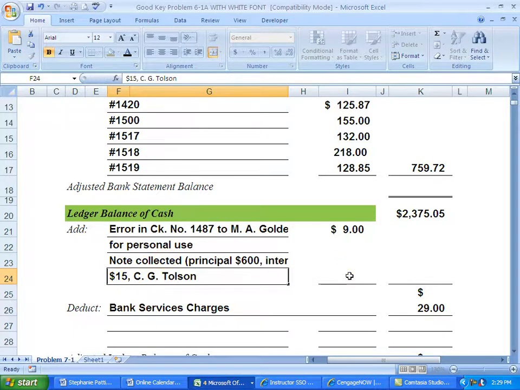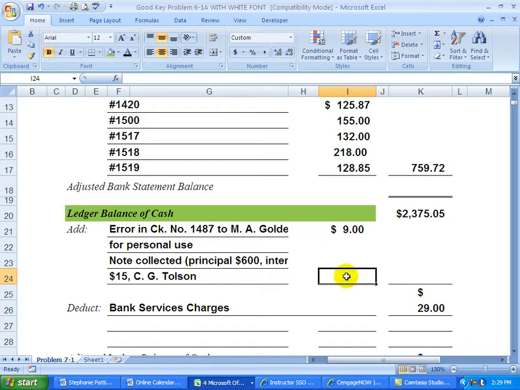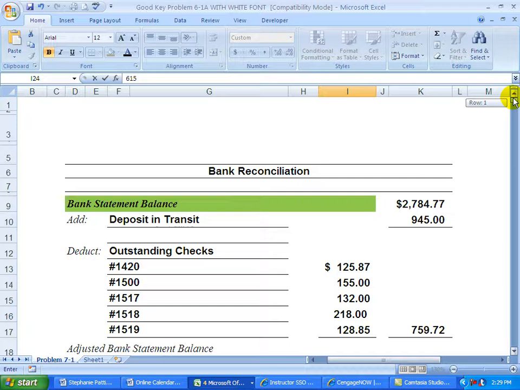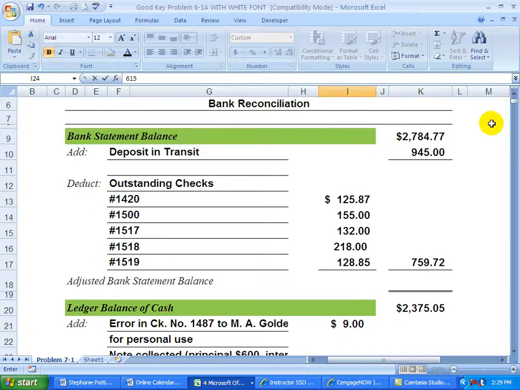Okay, and so we're going to put $615 over here. And at this point, we think we have everything entered. Now we just need to do some math and see if we can get those two balances to equal.